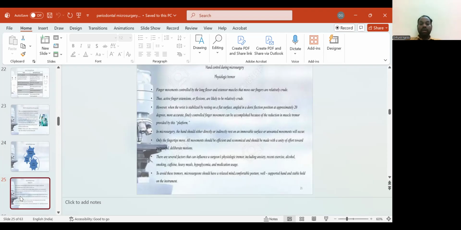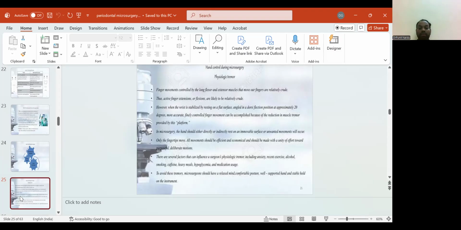In microsurgery, the hand should rest either directly or indirectly on immovable surfaces, or unwanted movements will occur. Only the fingertip movements, all movements should be efficient and economical and should be made with a unity of effort toward deliberate motions.